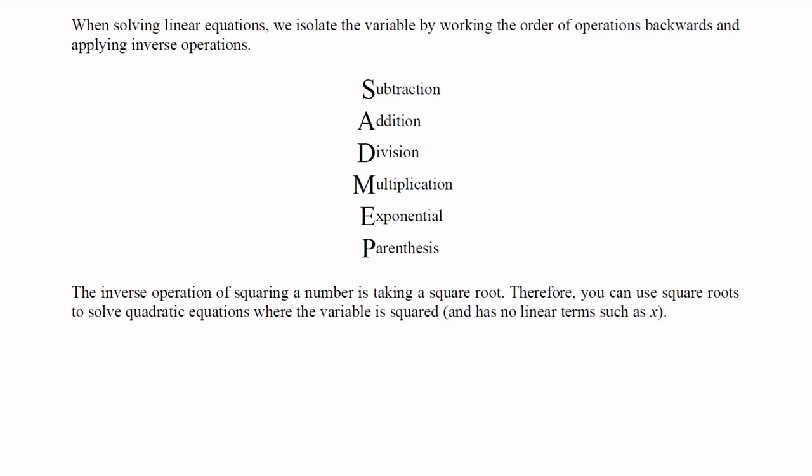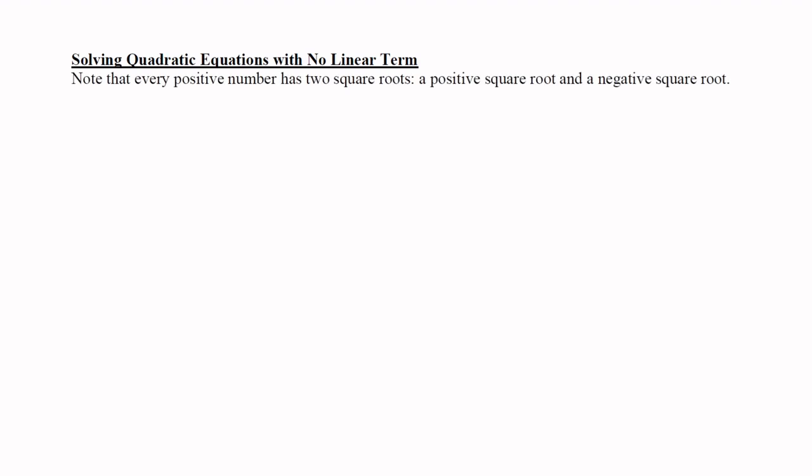Therefore, you can use square roots to solve quadratic equations when the variable is squared and has no linear terms such as x. So this is a case where we have an x squared term and a constant term, but no linear term. Note that every positive number has two square roots, a positive square root and a negative square root.